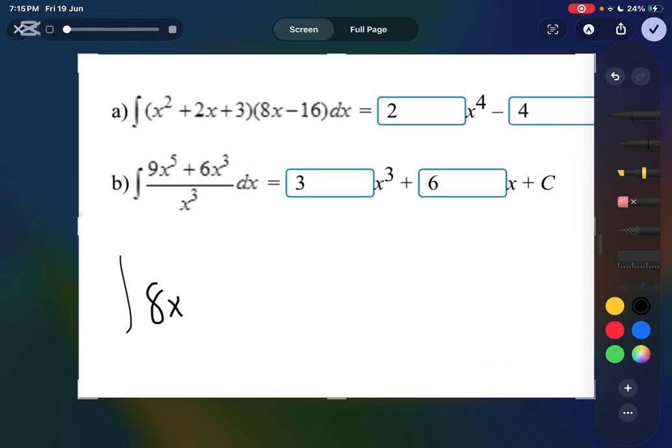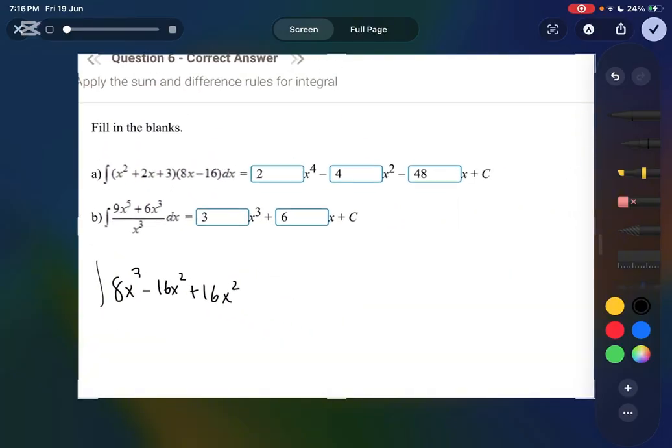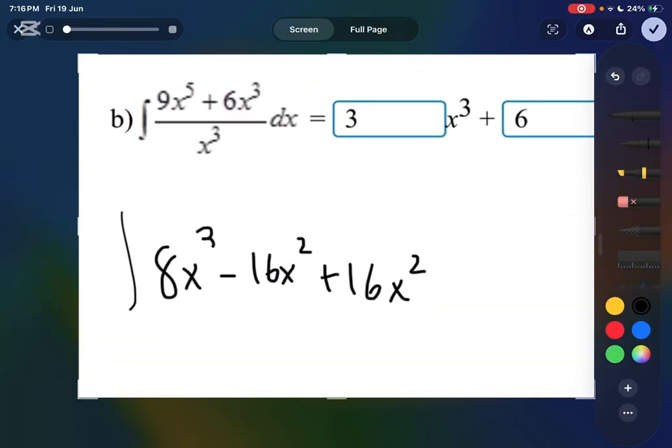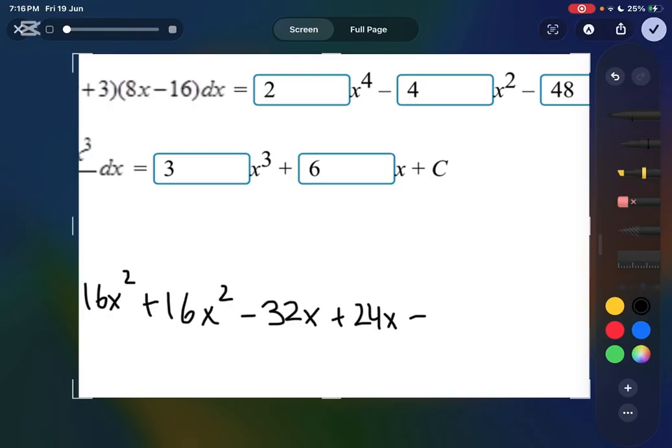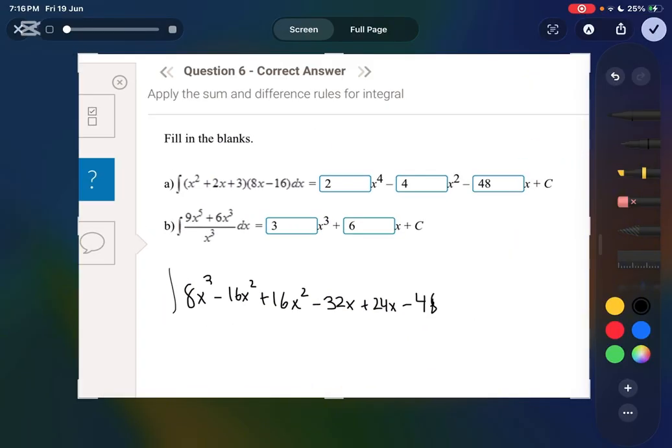So here it becomes 8x^3 minus 16x^2 plus 16x^2 minus 32x plus 24x minus, and 16 times 3 was 48. Okay, so that's your integral.